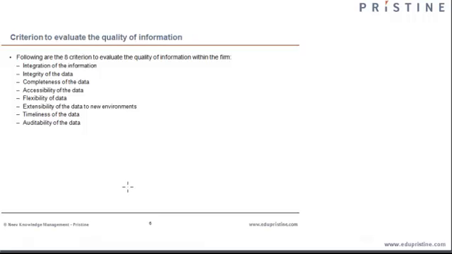Following are the 8 criteria to evaluate the quality of information within the firm. The first point is integration of the information, which refers to collection and relating all the relevant data.